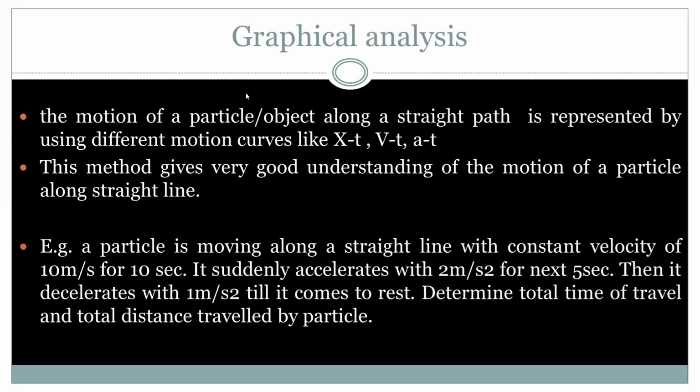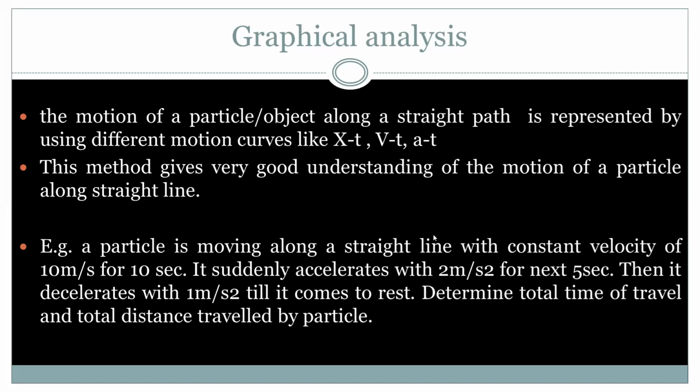So in the graphical analysis, the motion of a particle or object along a straight path is represented by using the different motion curves like position time, velocity time, and the acceleration time. Okay. So by using graphical analysis method, it gives very good understanding of the motion for a particle along a straight line. So with the help of these graphs, that is XT graph or VT graph or AT graph, we can easily visualize the actual motion of that object.